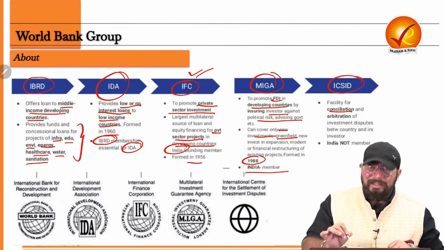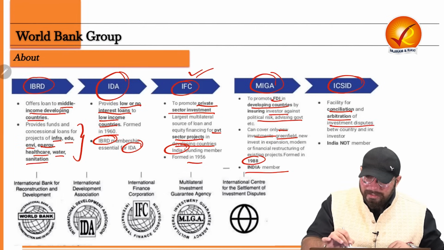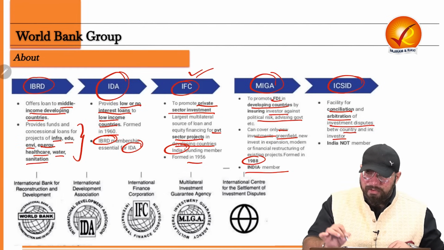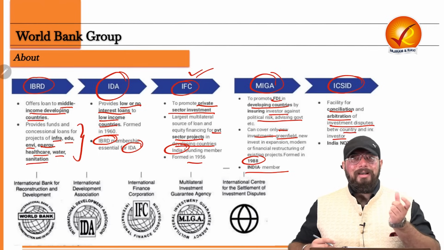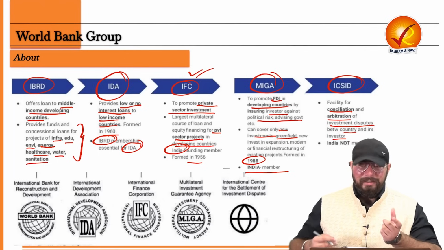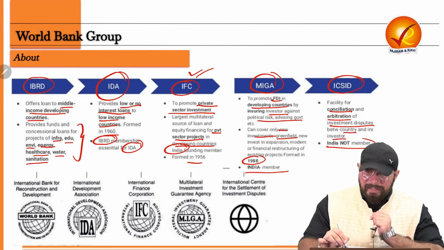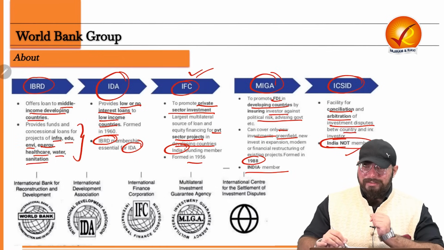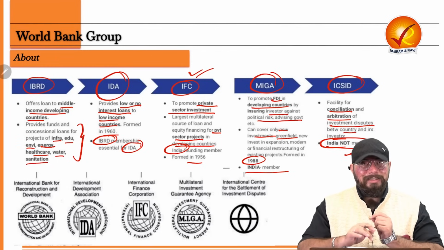It is a facility for conciliation and arbitration of investment disputes between countries and individual investors, big investors. So basically, it is an arbitration center. India is not a member of it. This is very important: India is not a member of this ICSID.